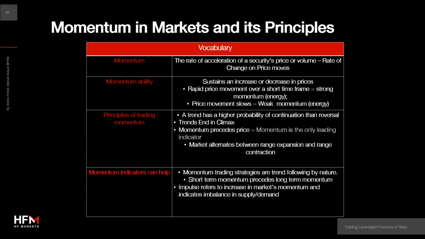Earlier I said that in Newtonian mechanics, momentum is the product of the mass and velocity. It's something similar. Momentum in the forex industry is the speed at which the price is changing. The higher the speed, the longer the trend will last, right?